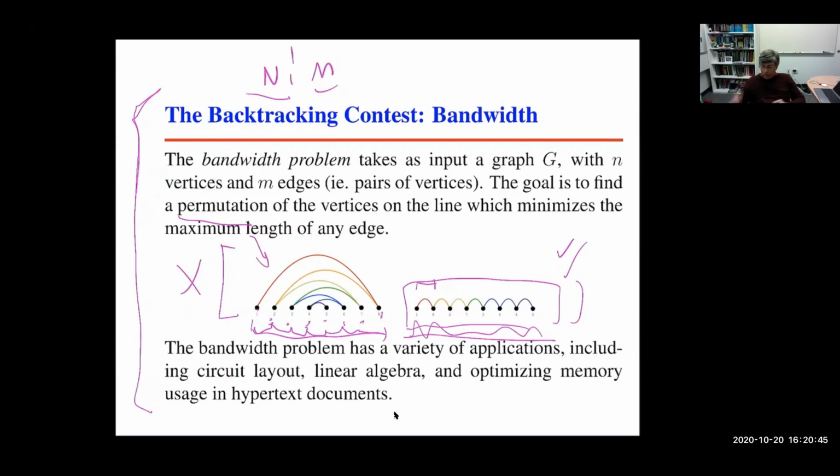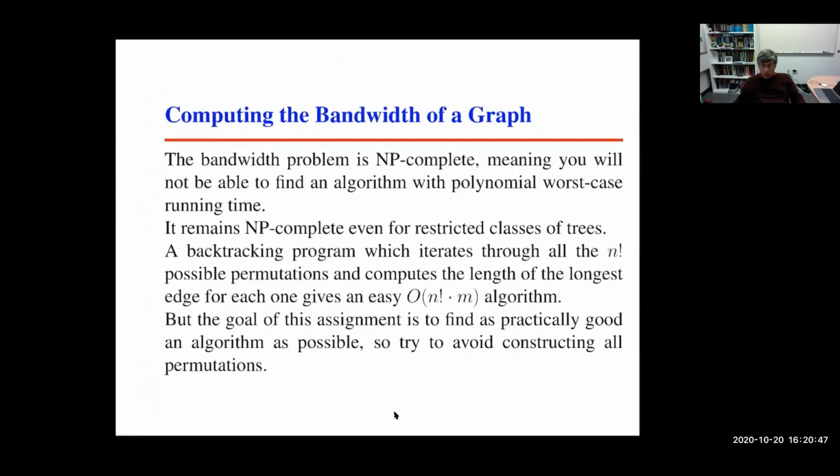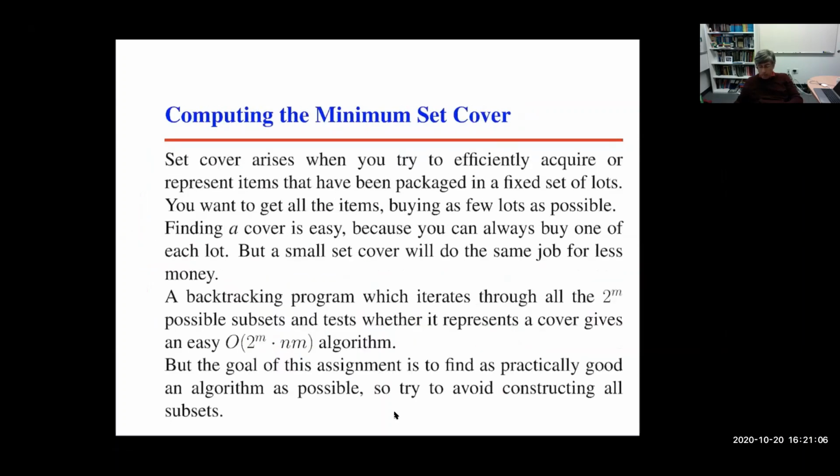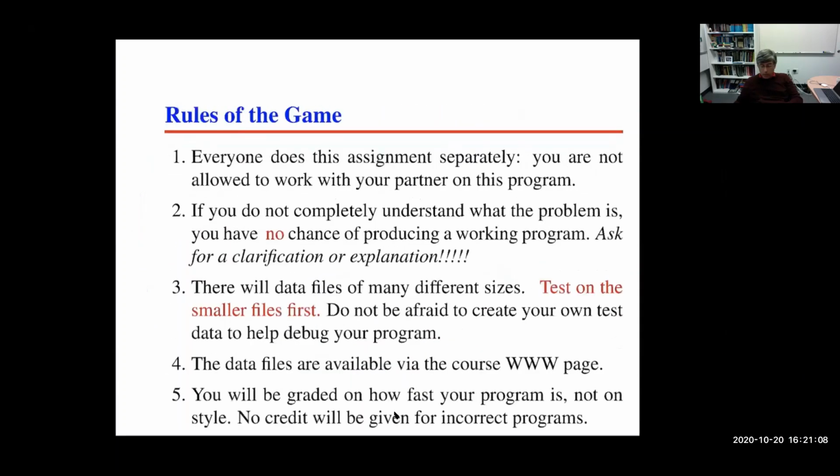Okay? So your goal now is, given a graph, find the permutation which lays it out with the shortest, by minimizing the longest edge. Okay, and we are going to have the backtracking contest. That's not the problem for this year. This year it's bandwidth.